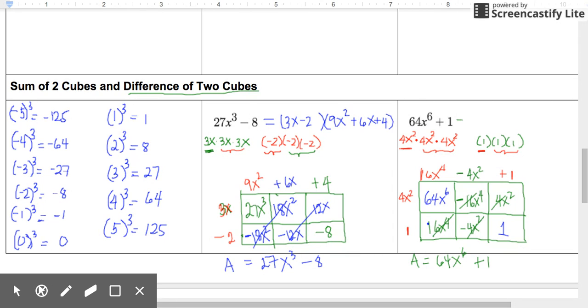So we found the factors of this sum of two cubes. The binomial factor is 4x squared plus 1, and the trinomial factor is 16x to the fourth minus 4x squared plus 1.